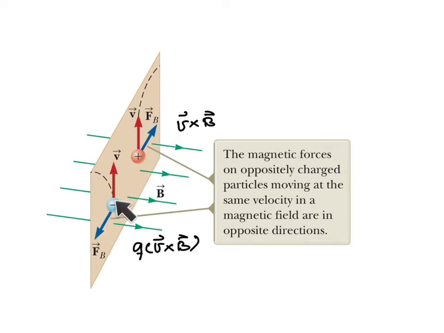So in this case, the magnetic force will point in the opposite direction of v cross B. This is the rule for the magnetic force on a moving charge.